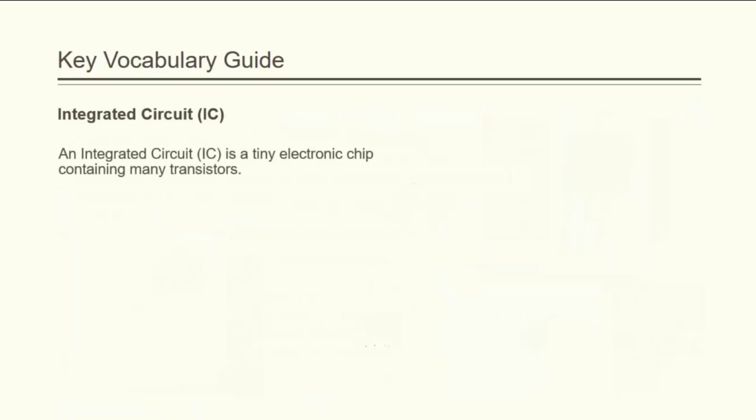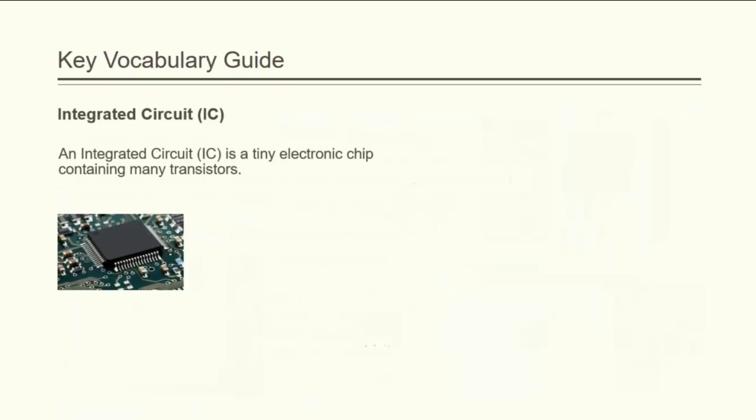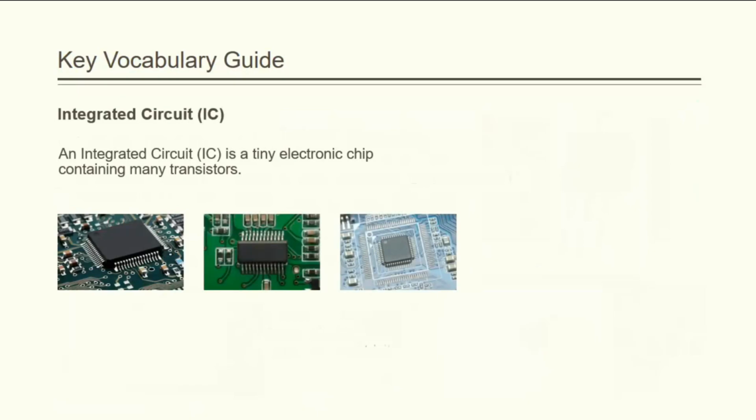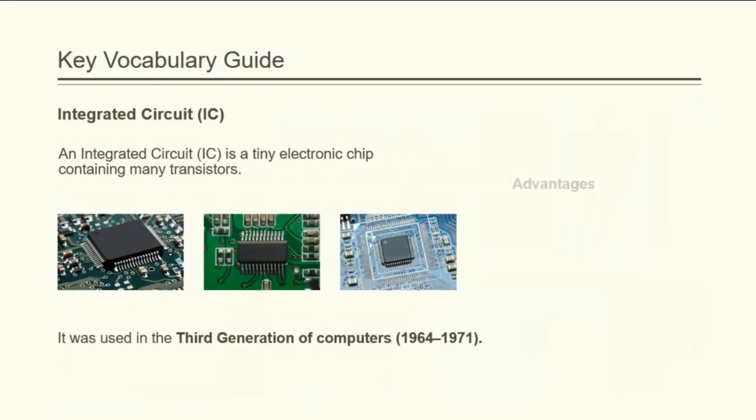An integrated circuit, or IC, is a tiny electronic chip that contains many transistors. This is how it looks like. It was used in the third generation between 1964 and 1971. They are much smaller, faster, and more reliable, and they also come at a lower cost.